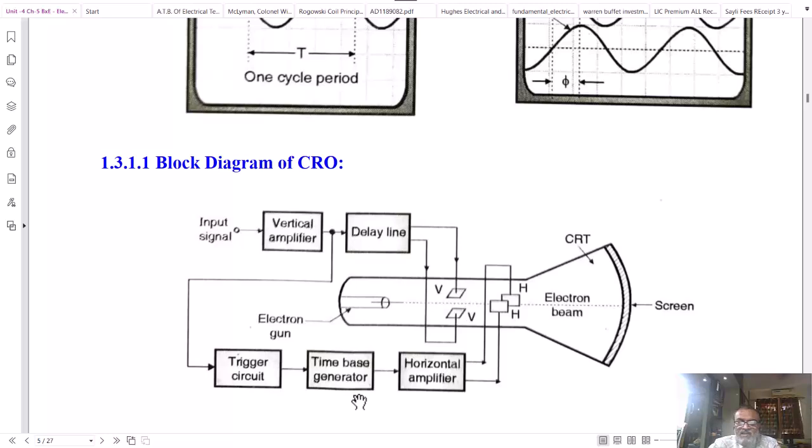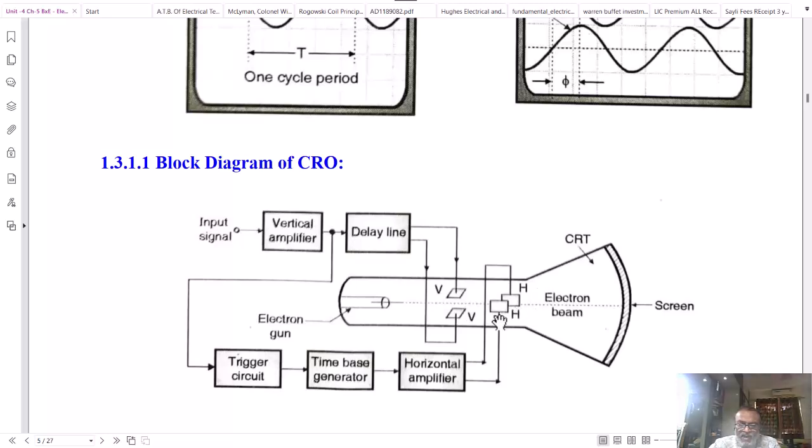The time-base generator is basically a ramp generator which linearly ramps up and then resets back to zero. Again it ramps up and resets back to zero. This time-base signal is amplified by a horizontal amplifier, and the output of the horizontal amplifier is connected to the horizontal plates of the CRT.